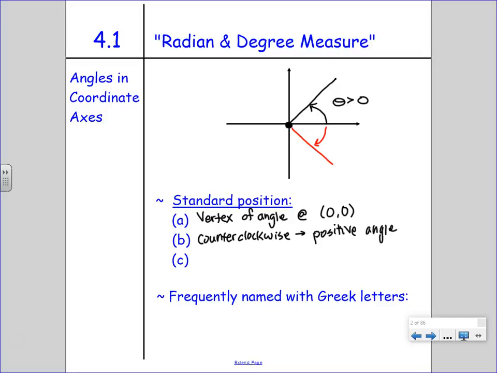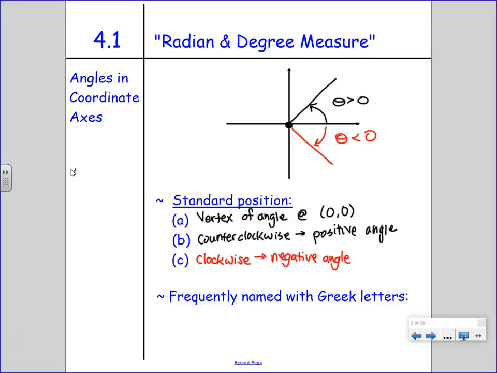Ooh, theta. That's a Greek letter. If you're measuring clockwise, what kind of angle is that going to be? Negative. Yep. There are different times when each should be helpful, etc. But the theta down here will be less than 0 because you're rotating the other direction.